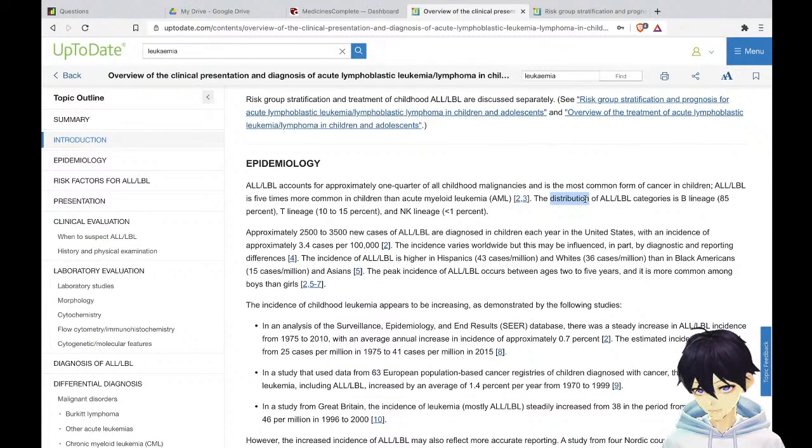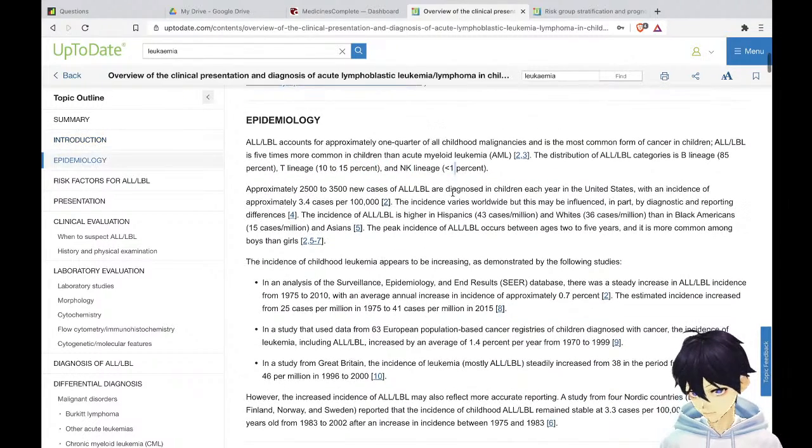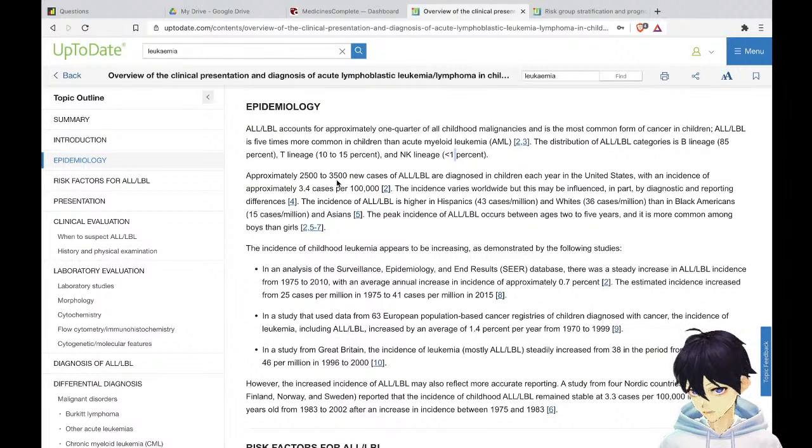The distribution of ALL, LBL categories is B cell lineage, 85%, and T cell lineage, 10 to 15%, and NK lineage, less than 1%. Approximately 2,500 to 3,500 cases of ALL, LBL are diagnosed in children each year in the United States, with an incidence of approximately 3.4 cases per 100,000.